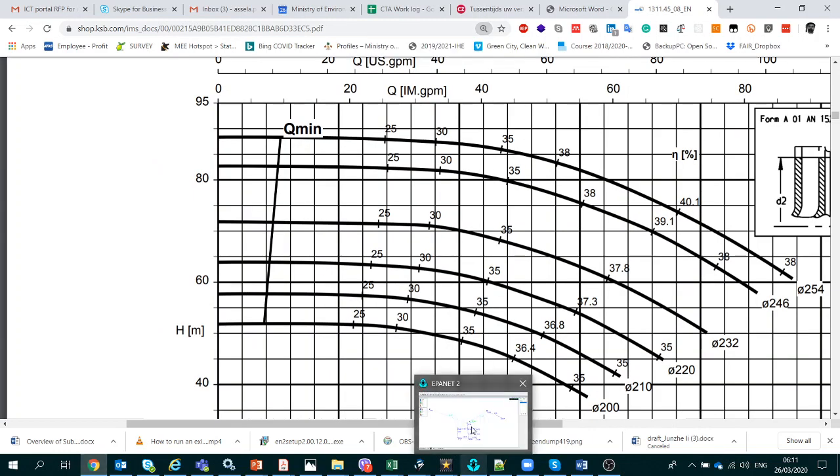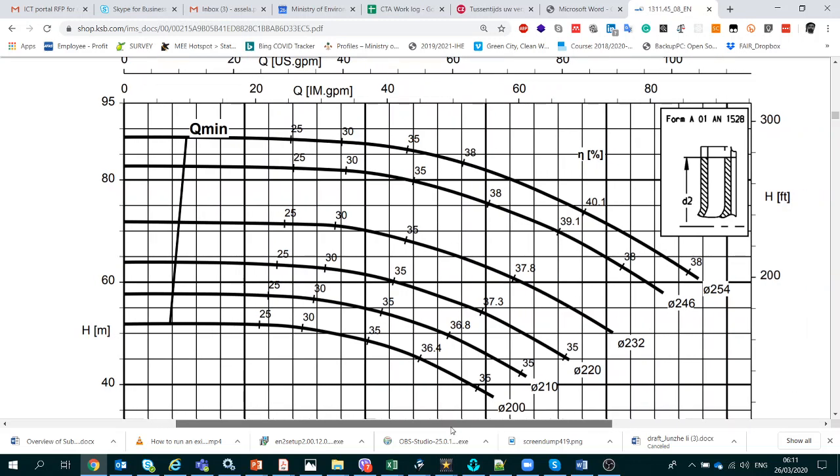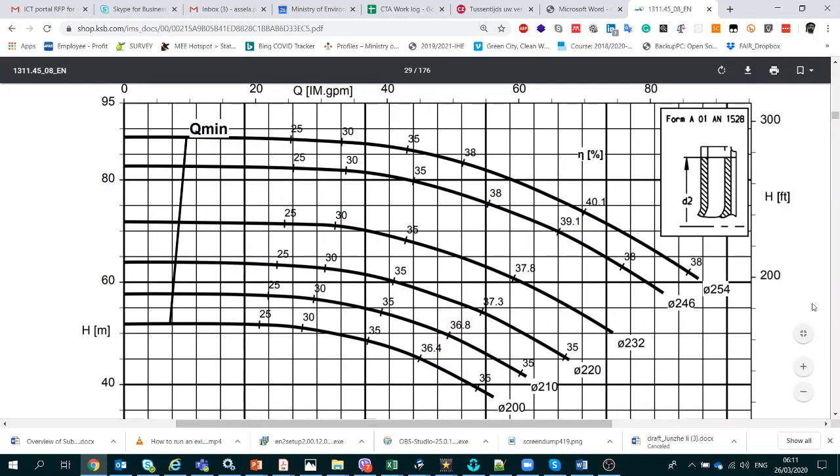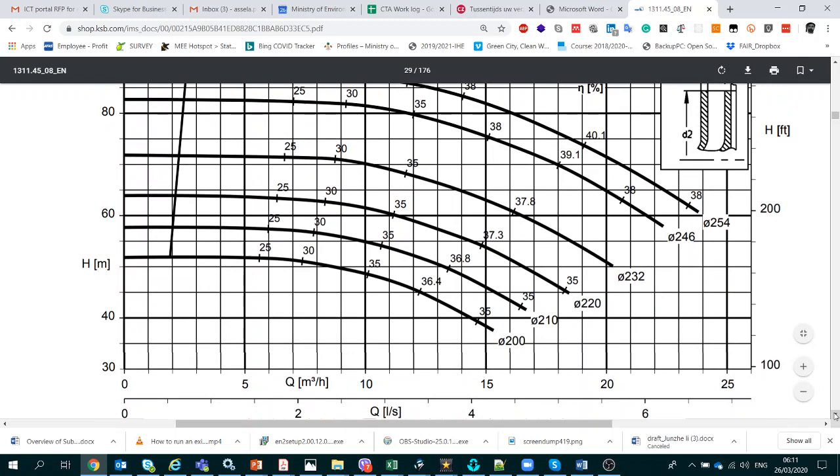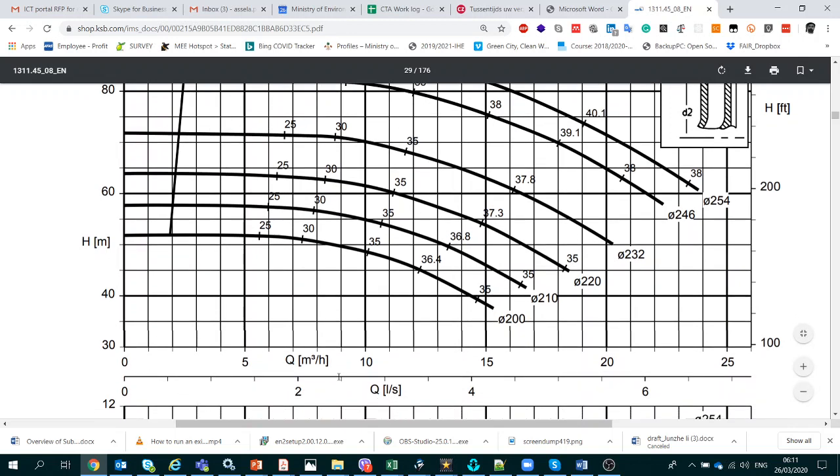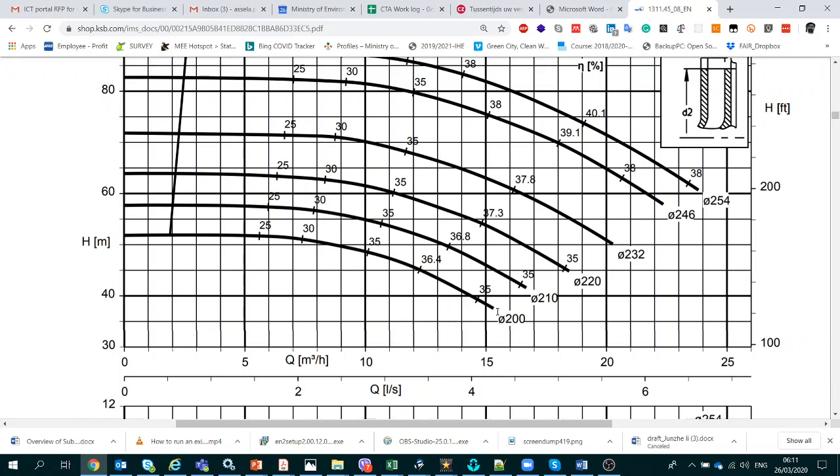Yeah, so it's a bit of a busy graph, but what you will see here is the x-axis is the flow, the y-axis is the head, and these are different pump curves of the pumps they provide. Actually, this is about different pump impeller diameters. Let's take this bottommost curve and try to understand what is going on here.